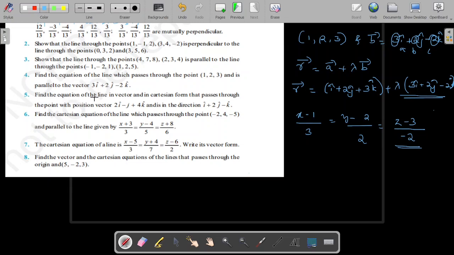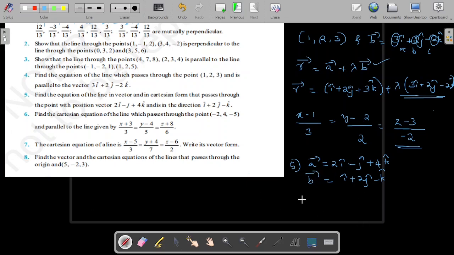Fifth question, find the equation of the line in vector and Cartesian form that passes through the point with the position vector. So directly they have given you here the a vector 2i cap minus j cap plus 4k cap, and it is in the direction b vector equal to i cap plus 2j cap minus k cap. Instead of a point, directly they have given you the position vector of the point. Same way, just substitute for the vector form.